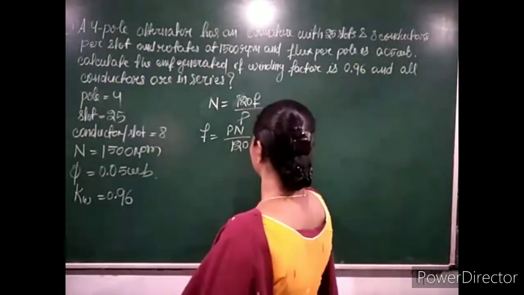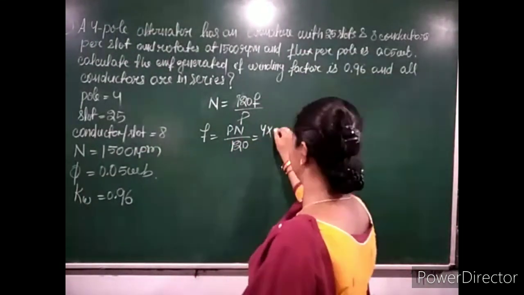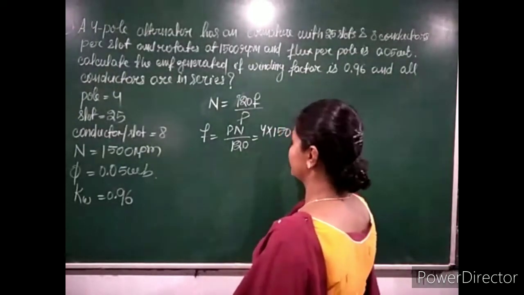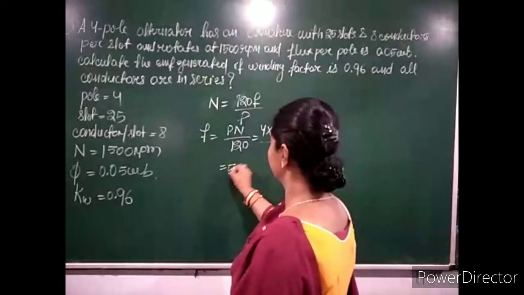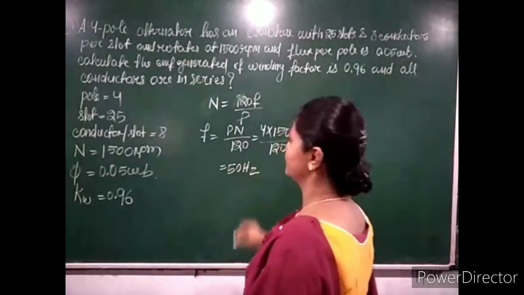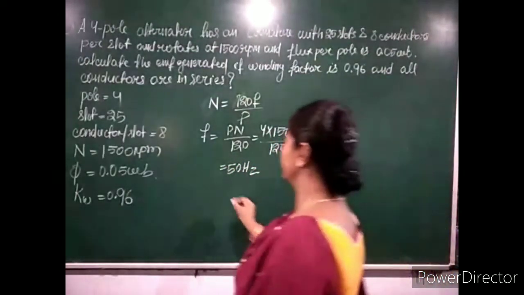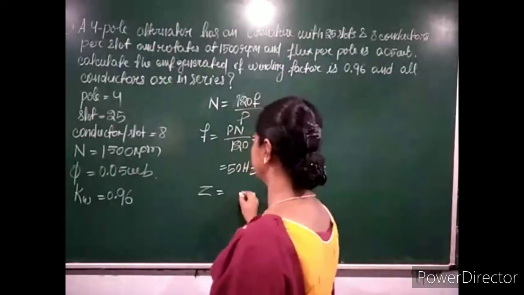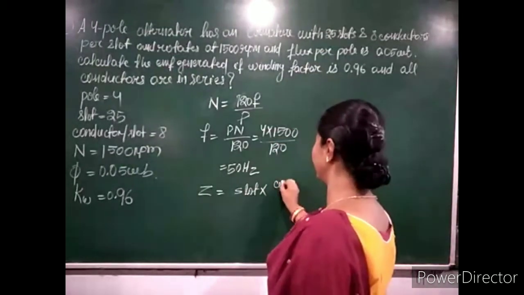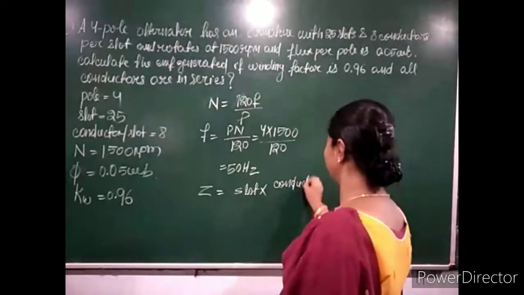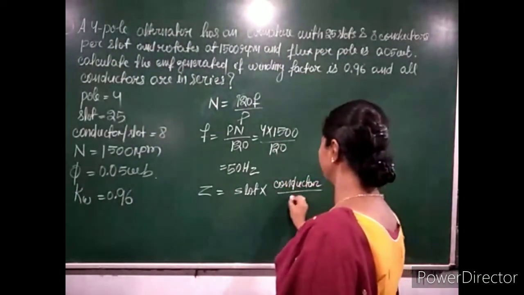Number of poles is 4, speed is 1500. It gives 50 Hz. Then number of conductors is number of slots into number of conductors per slot.